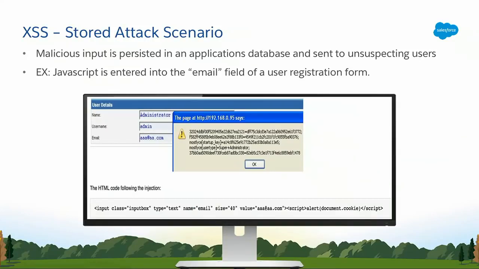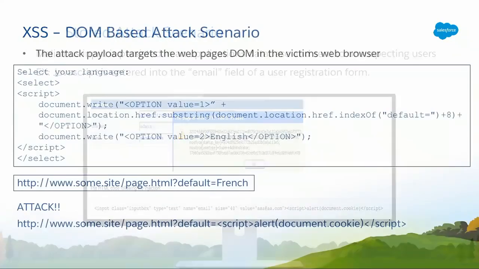We've got our pop-up with alert with the cookies. The example shows here that the attacker dumped this string into the email field of registration, and maybe an administrator or somebody came along later on and saw this.